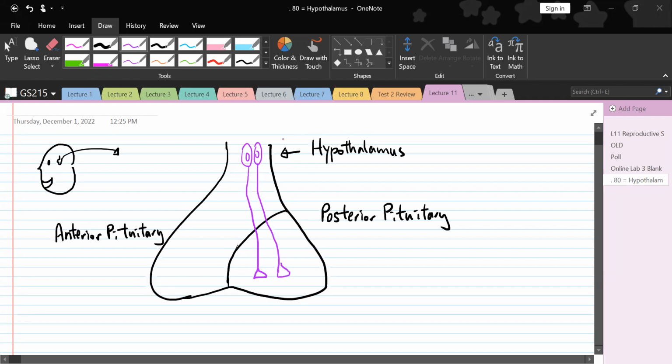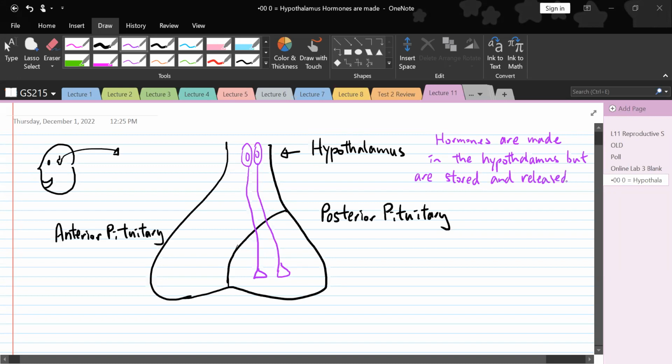For this group of neurons, hormones are made in the hypothalamus, but are stored and released from the posterior pituitary gland.